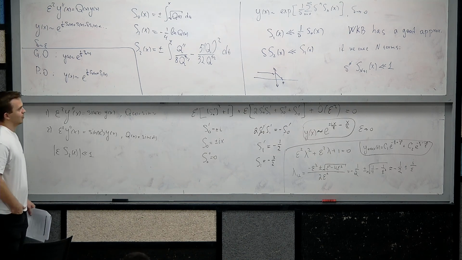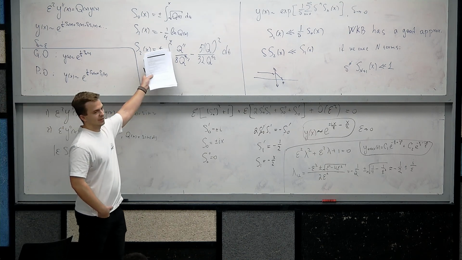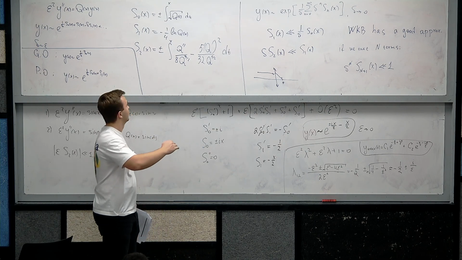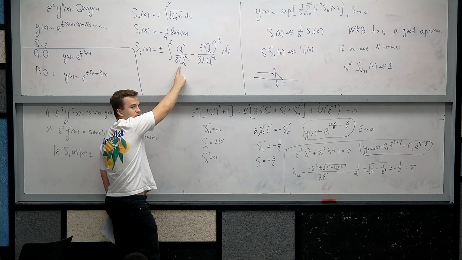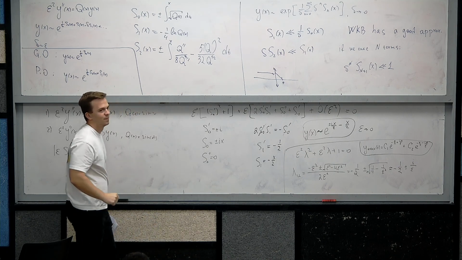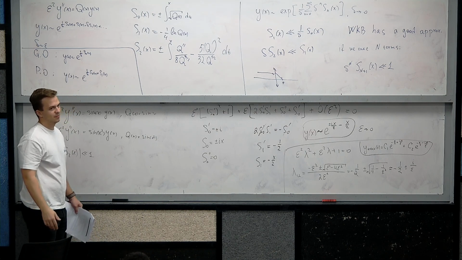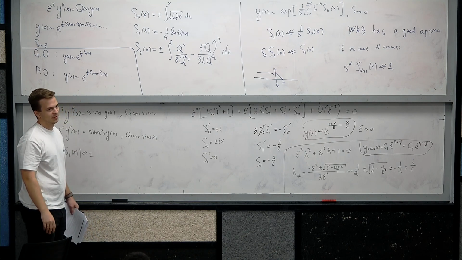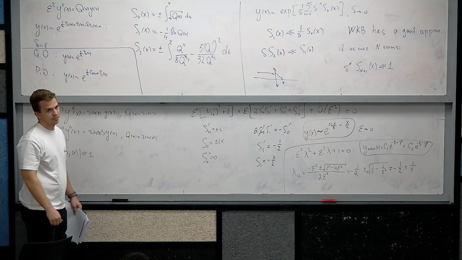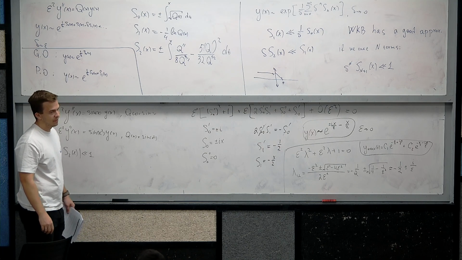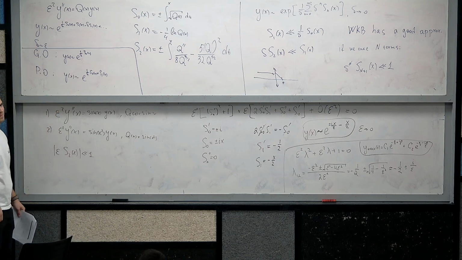But you have here a fraction, and a fraction has a numerator and a denominator. What happens if the denominator is 0? Then the fraction blows up to infinity. Can you find points where S2 blows up to infinity? For the first one, no. Why not?